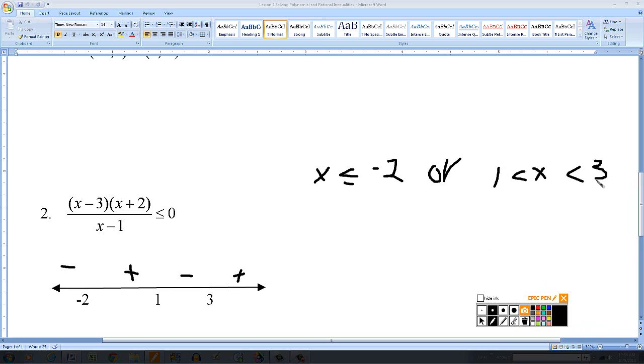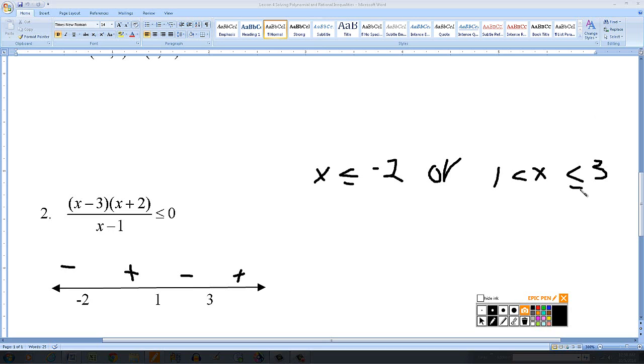Okay, now we have to decide if we put equals under the inequality here. So x has to be greater than 1. Now here 1 makes the denominator 0, so remember division by 0 is not defined, so I don't want an equals under this one here. Now x less than 3, and 3 makes the numerator 0. You can have a 0 in the numerator but not the denominator. So that satisfies the solution, so I have equals here.